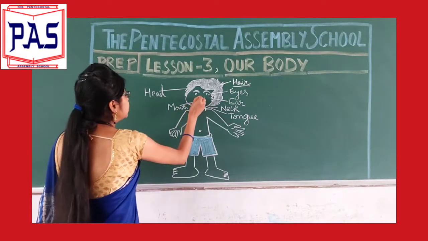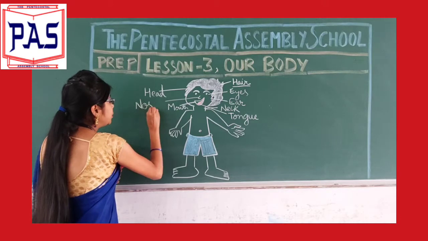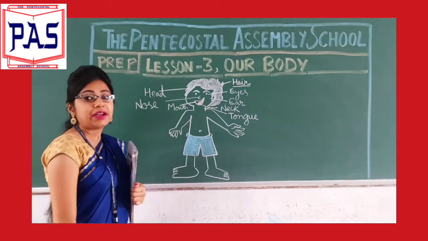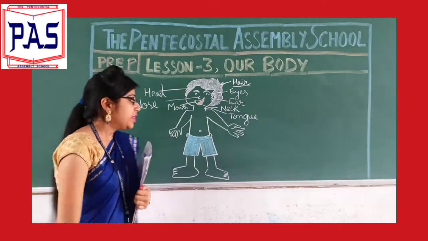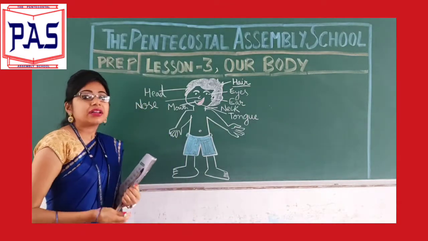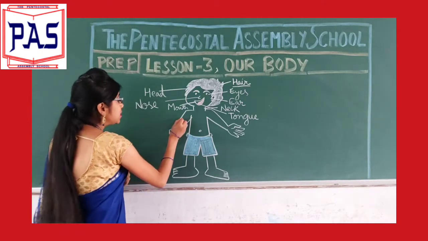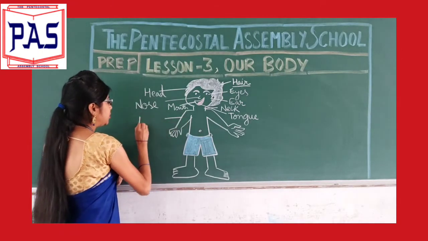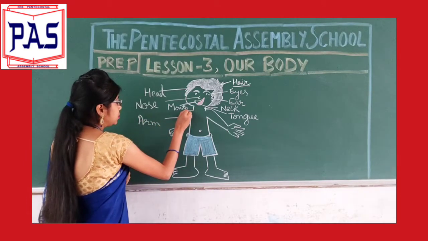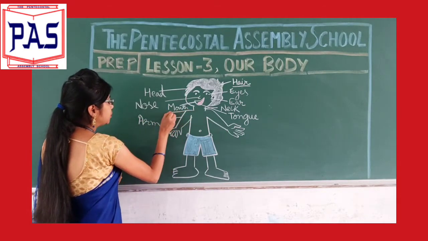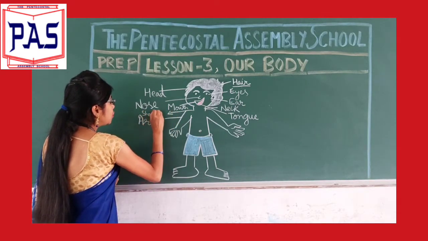This is our nose. How many noses do we have, children? We have one nose. Now, let us mark the other parts of our body. This part of our body is called arm. This part is called shoulder.